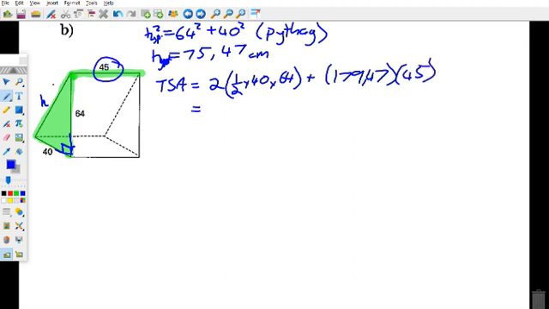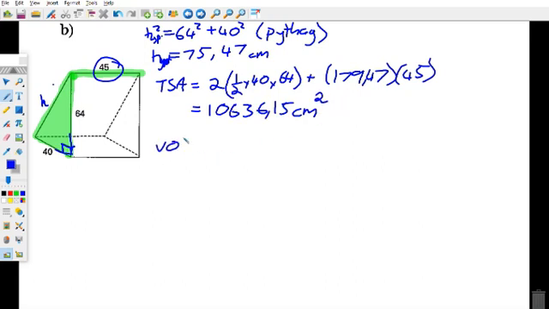I'm going to plug that in the calculator and you're going to get an answer of 10,636.15 centimeters squared, because that's area.